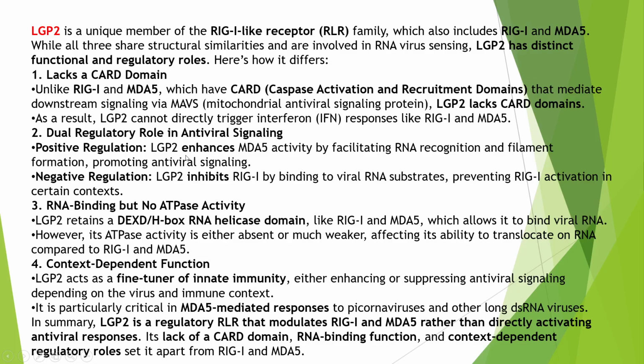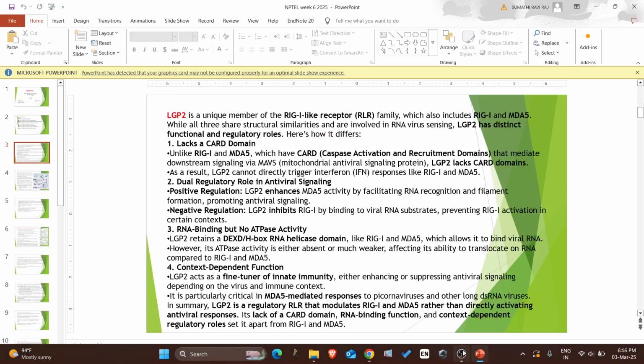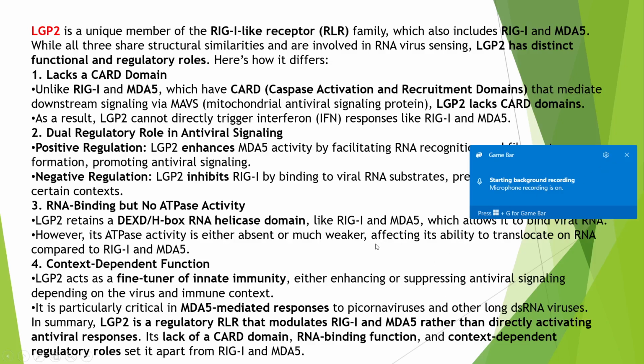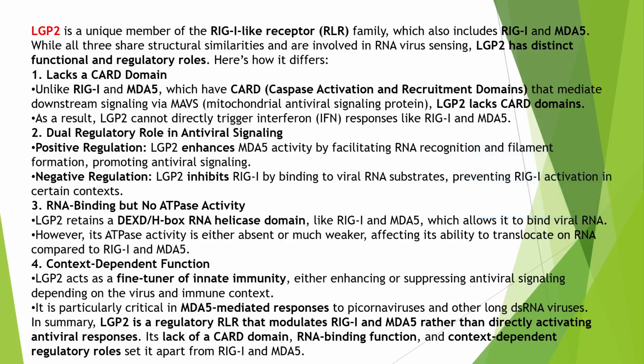Then it also has a dual regulatory role in antiviral signaling: positive regulation and negative regulation. In positive regulation, LGP2 enhances MDA5 activity by facilitating RNA recognition, and helps in MDA5 activation and filament formation during antiviral signaling.